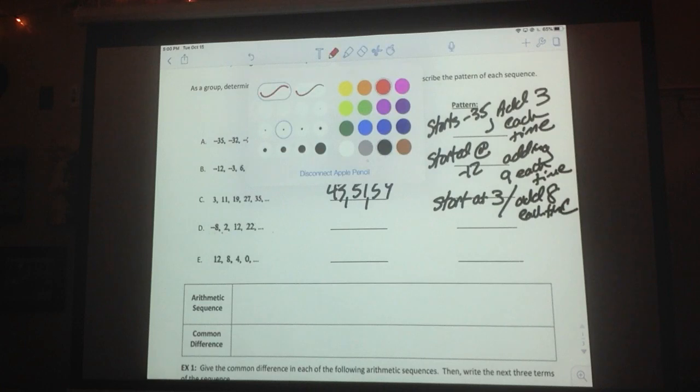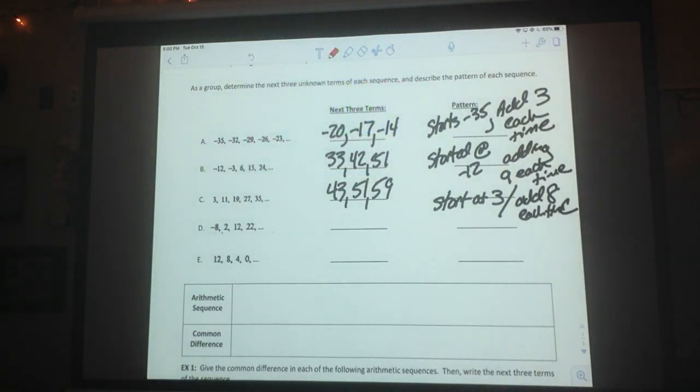Okay, next one, negative 8, 2, 12, and 22. My next 3 would be 32, 42, 52. What am I doing? I'm adding 10 each time.